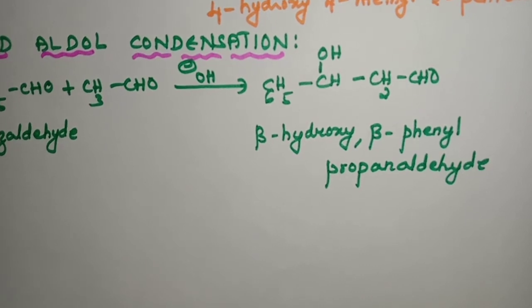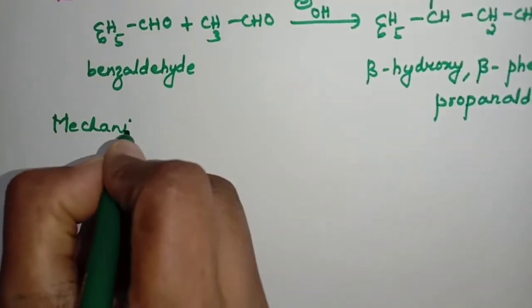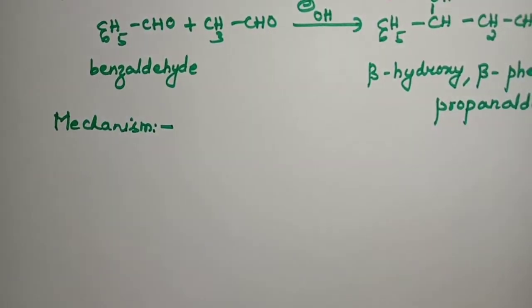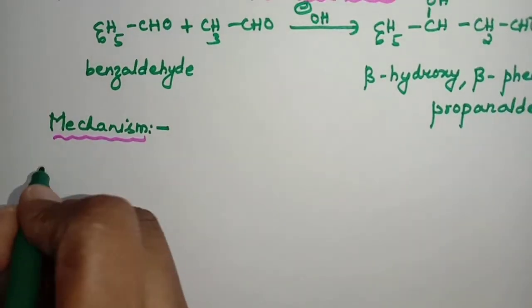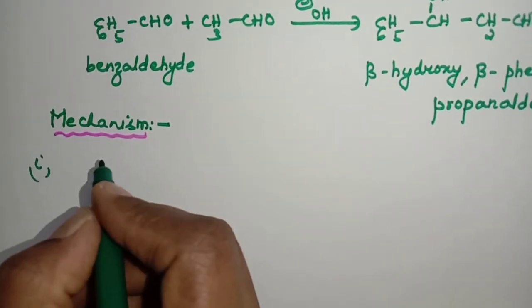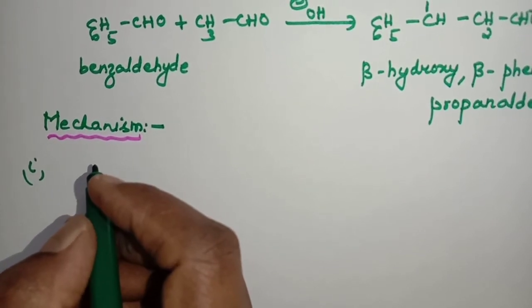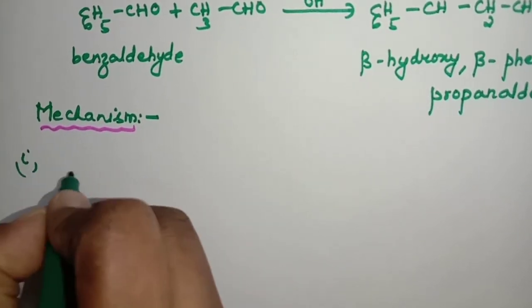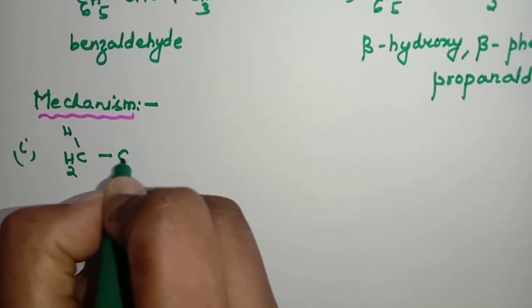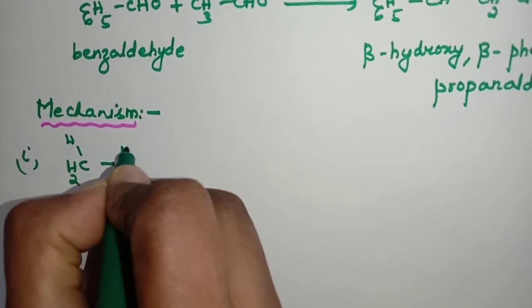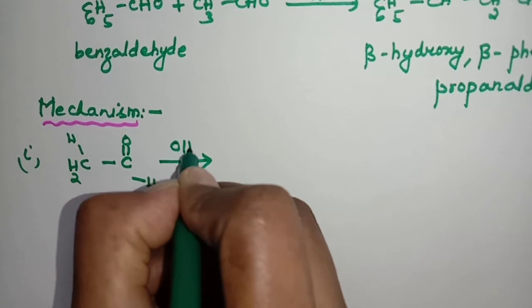Now let us look at the mechanism of this reaction. So the first step is the same as when we took two acetaldehyde molecules. So write down here acetaldehyde CH2H, like we have written in the first mechanism, C double bond O H. This is OH minus.